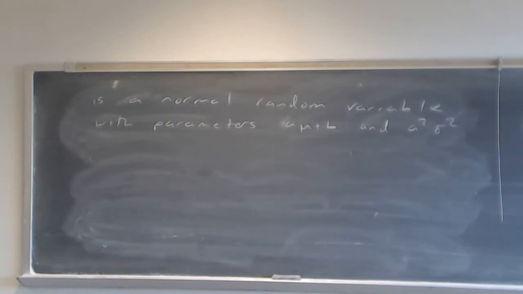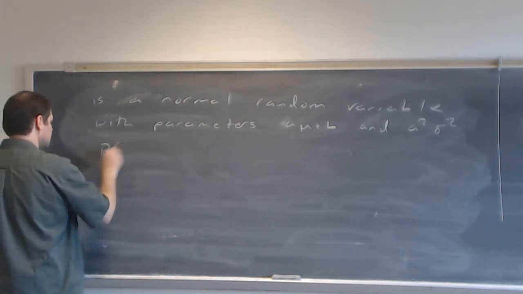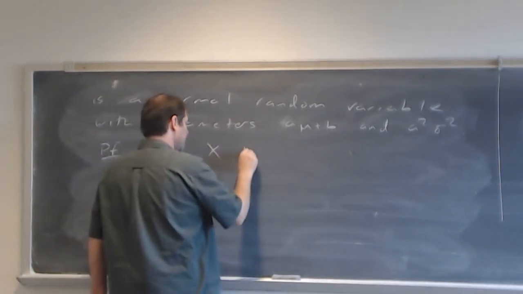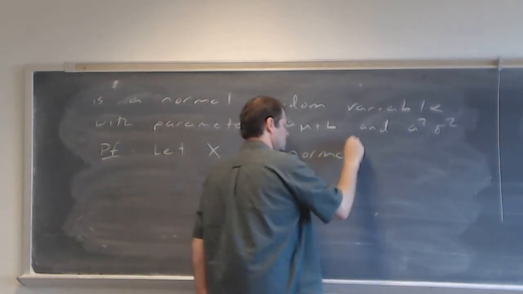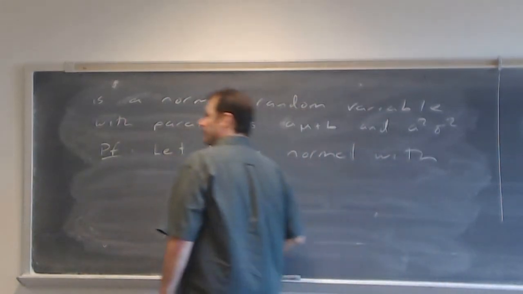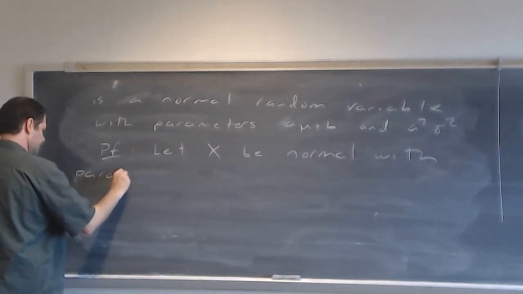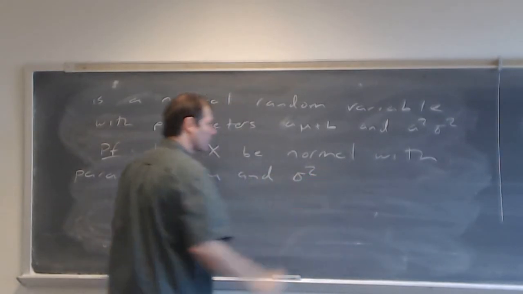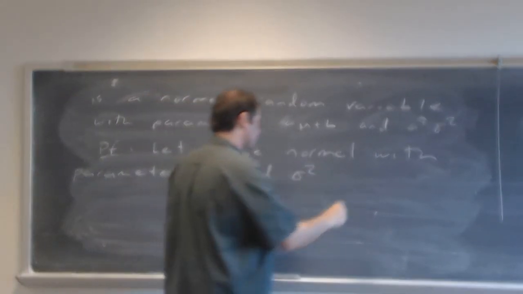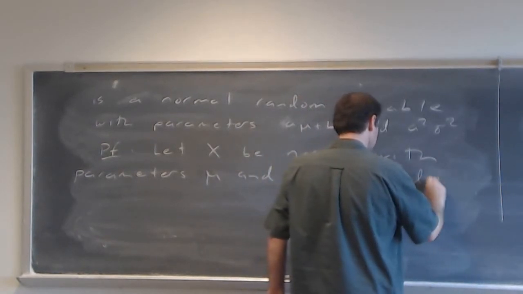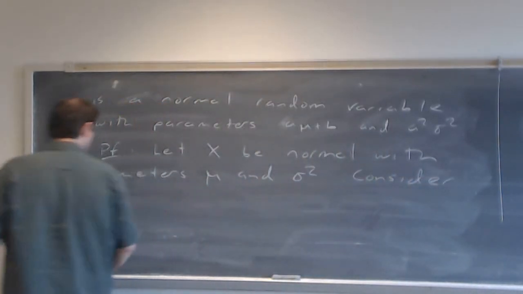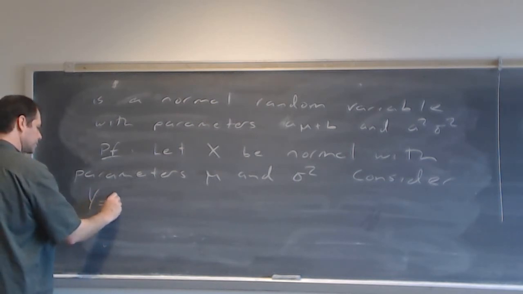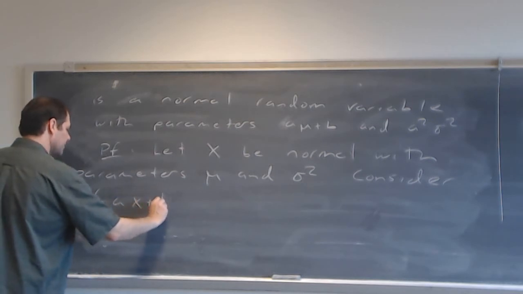All right, that's accurate. Let's do a proof. So we'll let x be normal with parameters mu and sigma squared. Consider y equal to ax plus b.